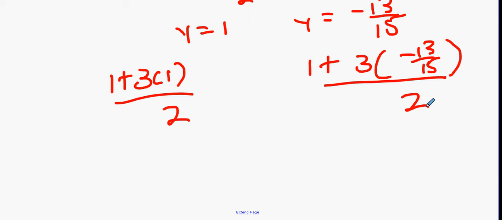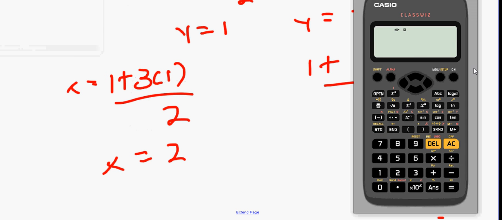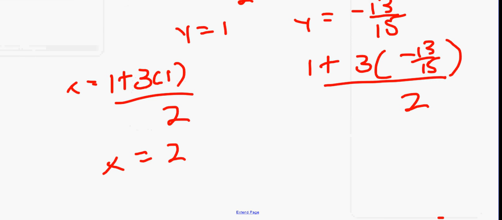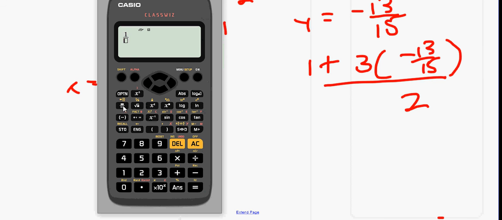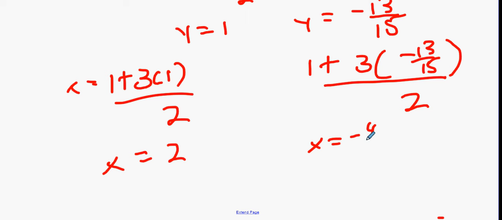Okay, I'll do it now. So that's 4 over 2, which is 2, so x will equal 2. And then the next one is 1 plus 3 times minus 13 over 15, and then we're going to put that all over 2 as well. That's minus 4 over 5 for x as well. Okay, so that's 1a done.